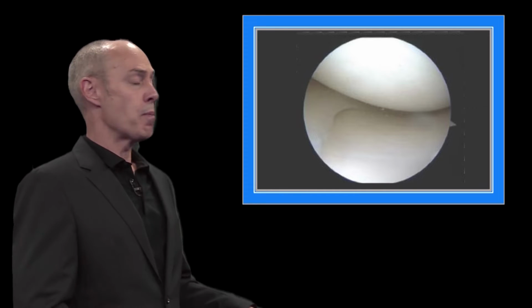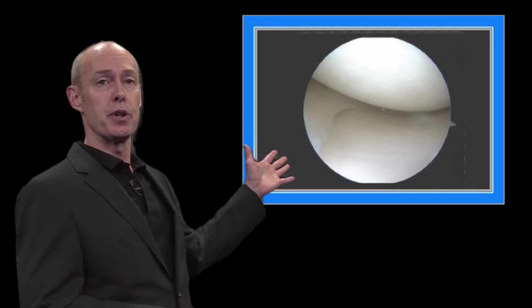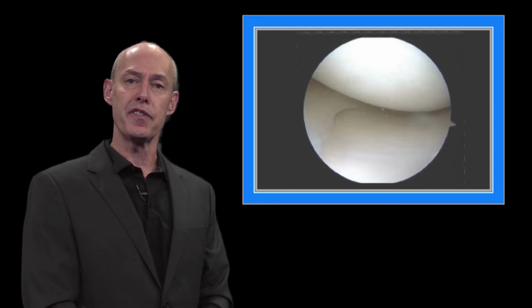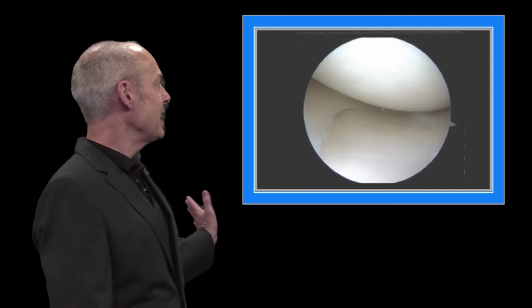I want to show you a series of pictures demonstrating how this damage actually looks. So, in this photo, you can see the smooth cartilage covering the end of a femur, and it's absolutely smooth when healthy.